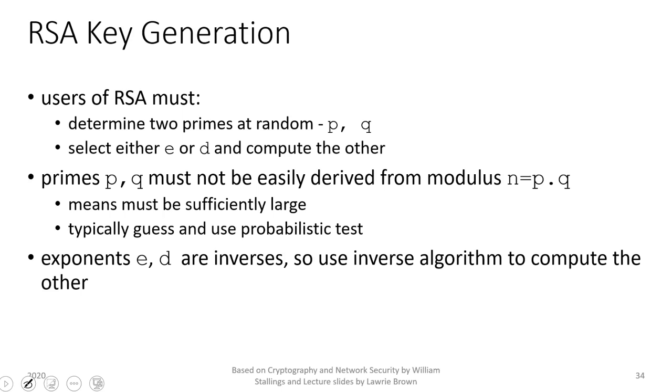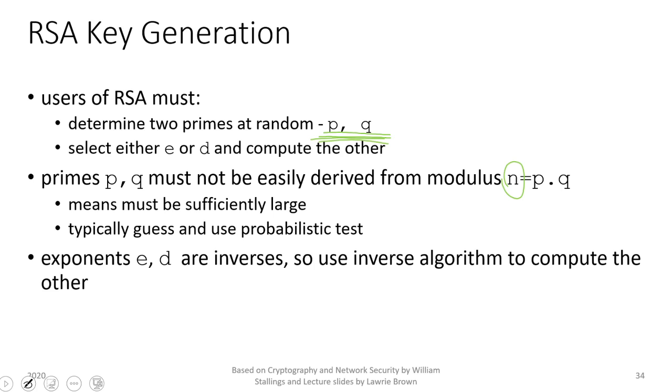So when we think about the key generation for RSA, we have to determine the two prime numbers at random, but the problem is they should not be easily guessable by knowing the n.